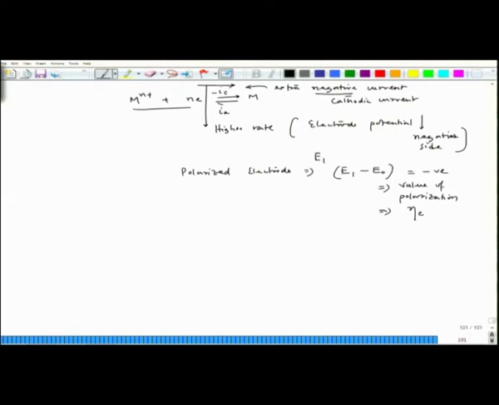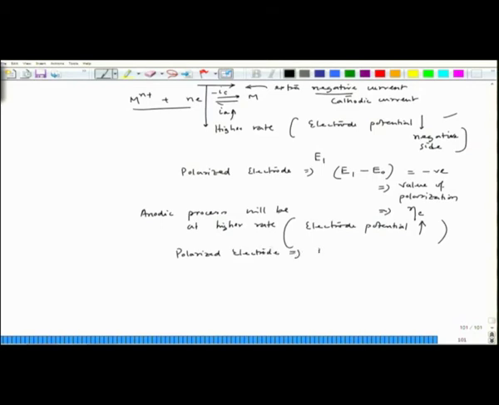Similarly, if we supply anodic current, then the anodic process will be at a higher rate. The way we have discussed here, the electrode potential would increase from the standard value or the equilibrium value, and we also call it a polarized electrode.